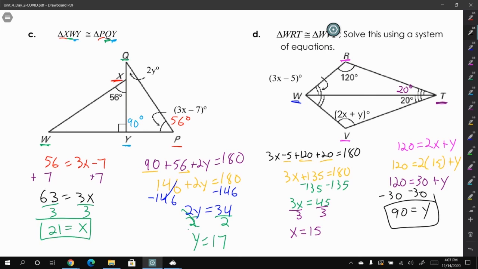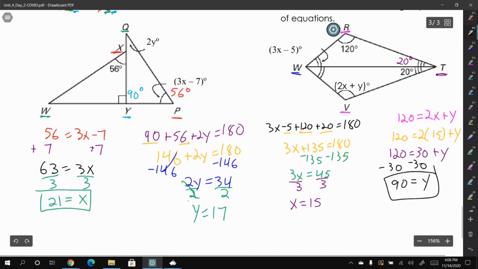Then for y, I used the right triangle instead, 90 plus 56, because I know angle P and x are congruent, plus 2y equals 180, and then I went through and solved that, and I got y equals 17.